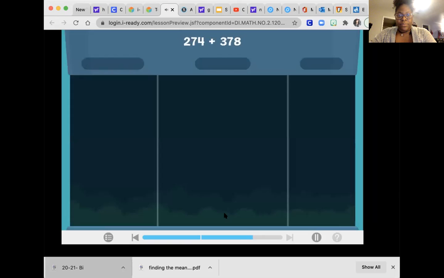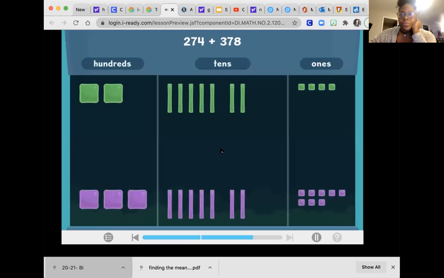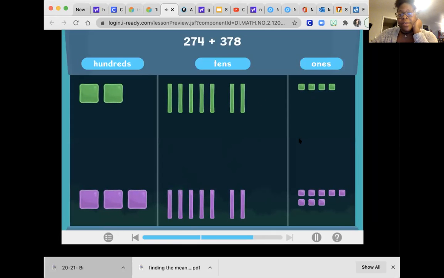It's time to practice solving more addition problems. Let's find 274 plus 378. Tap the buttons to move the blocks together. So let's look at this. Are we going to make a 10? 1, 2, 3, 4, 5, 6, 7, 8, 9, 10. Yes, we are.